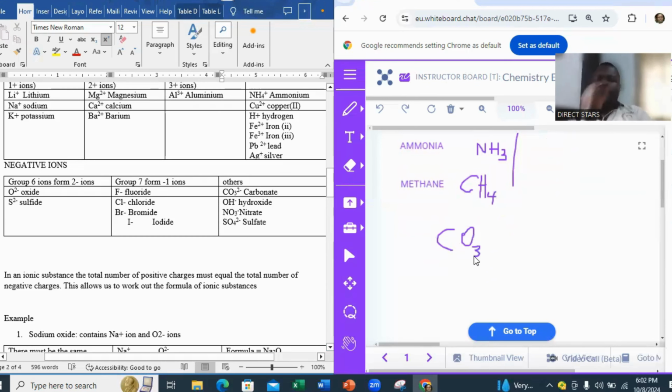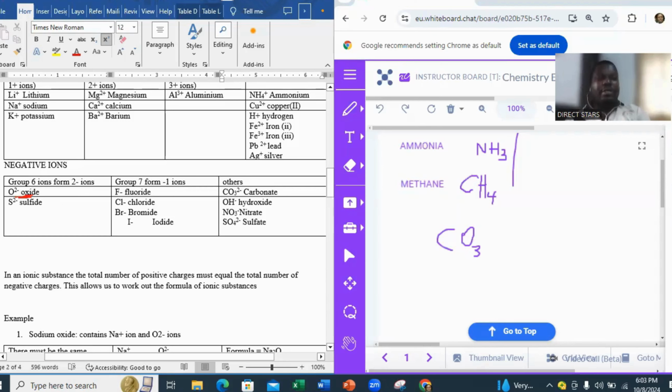The trick is the charge for oxygen is always -2, as you can see, towards group 6. Let me point that out. You can see the charge of oxygen there is 2 minus. So you have to take note of that.